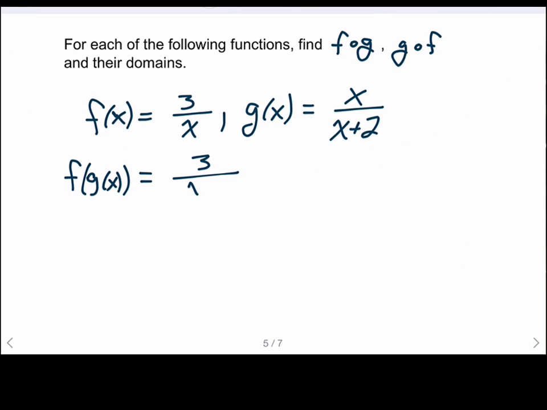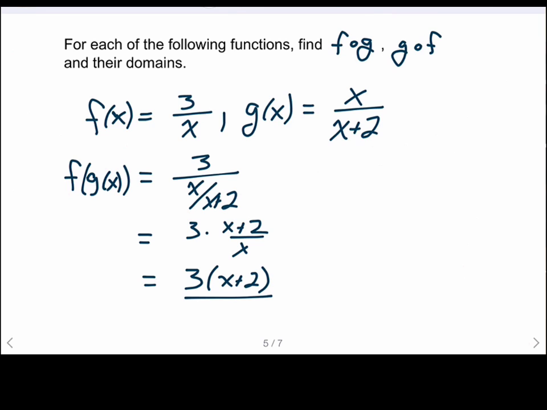G is x over x plus 2, and I'm now dividing 3 by the fraction x over x plus 2, which means we're going to flip and multiply. So 3 times x plus 2 over x, which I'm going to write as 3 times the quantity of x plus 2, divided by x.